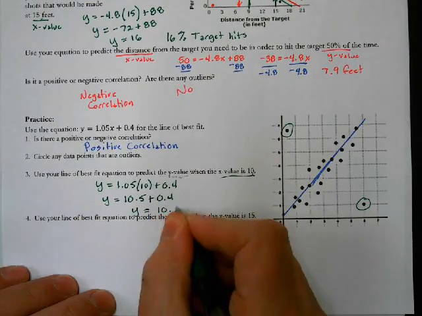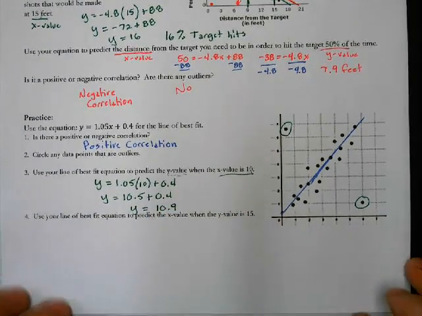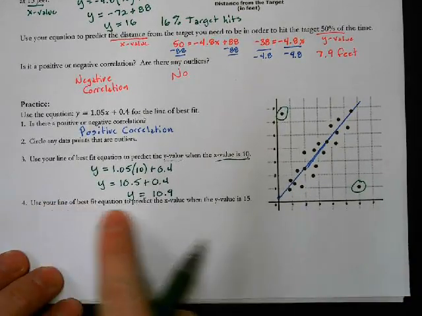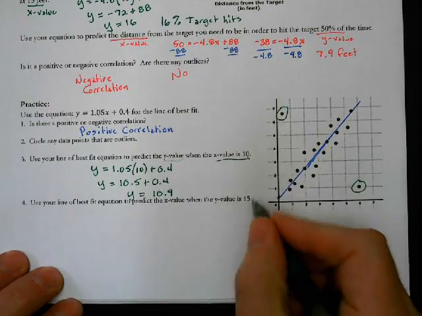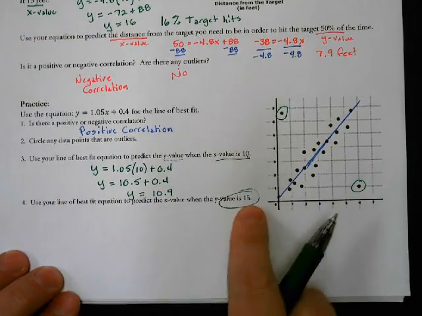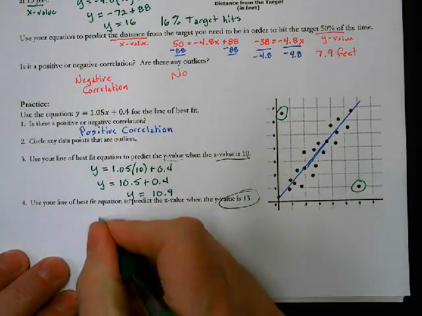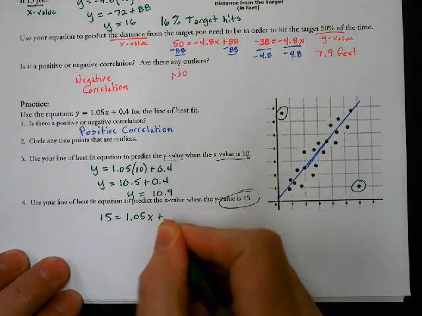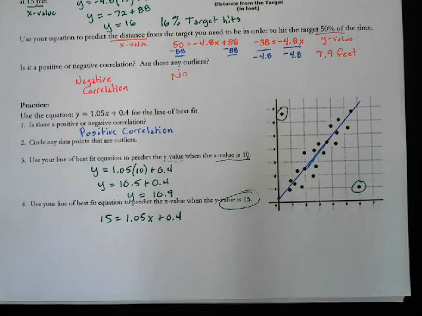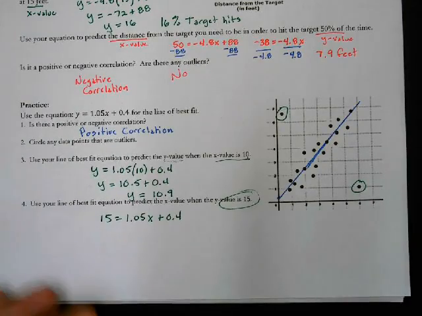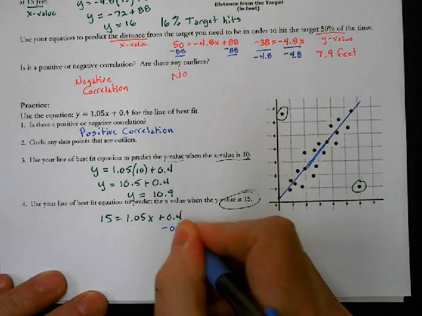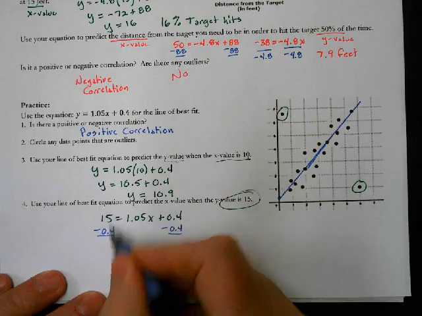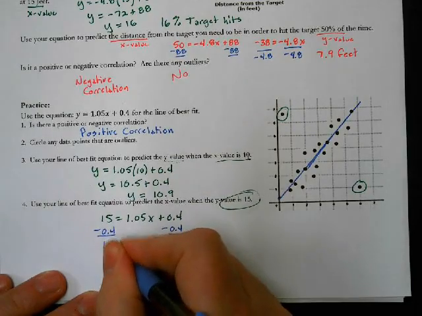Let's hurry this up so I can get a drink of water here. Okay, so use your line of best fit to predict the x value when the y value is 15. Okay, so I'm going to plug 15 in for y. Okay, so we're going to use inverse operations. I'm going to subtract 0.4 from both sides. 15 minus 0.4 will be 14.6.